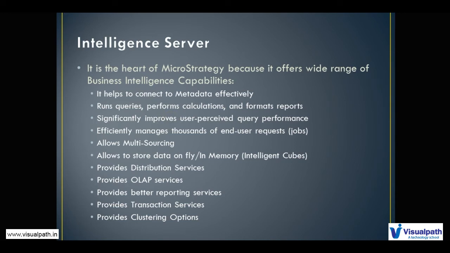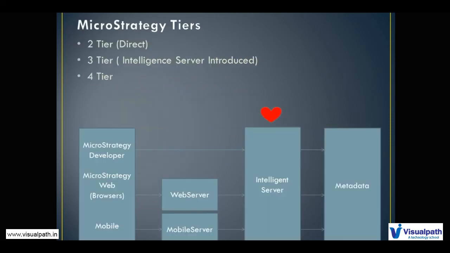Now let's start with the design architecture which we want to cover in this session. Now that you understand all three terminologies, it will help you understand the design architecture which MicroStrategy has to offer. There are different tiers, right? Let's say MicroStrategy tiers.